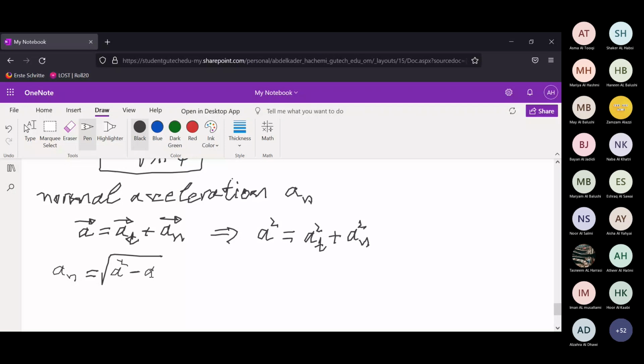Sorry, it's not a vector. Then we have the expression of an and at.